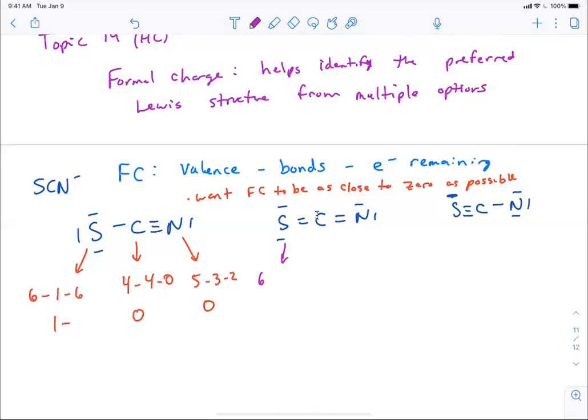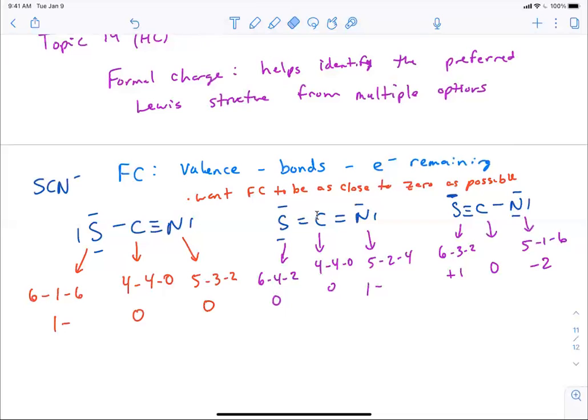Here, 6 minus 4 minus 2 is 0. 4 minus 4 minus 0 is 0. And then 5 minus 2 minus 4 is 1 negative. And this one, S is 6 minus 3 minus 2, that's +1. C is still 0. And N is 5 minus 1 minus 6, that's -2. Sorry, I need to write the negative afterwards. Bad habit.